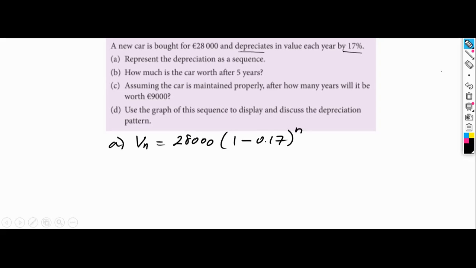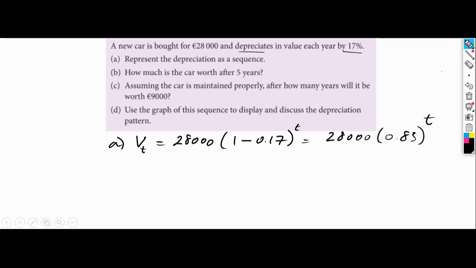So we can put this in terms of years to make it a little more clear. So let's just use T as time so we understand that we're talking about time. But obviously this can be simplified into 28,000 times 0.83 to the power of T.